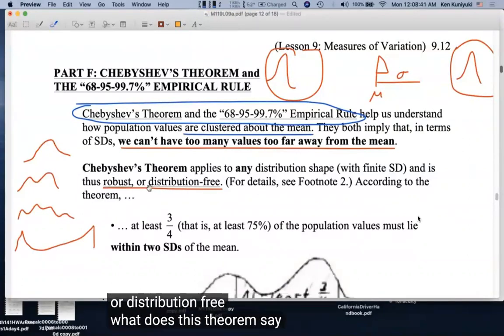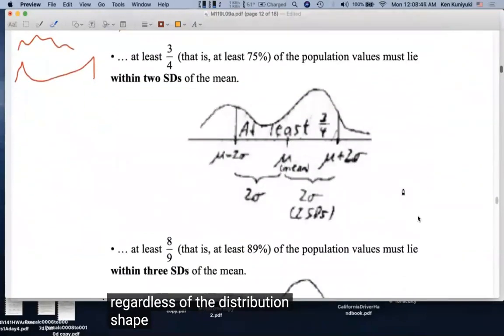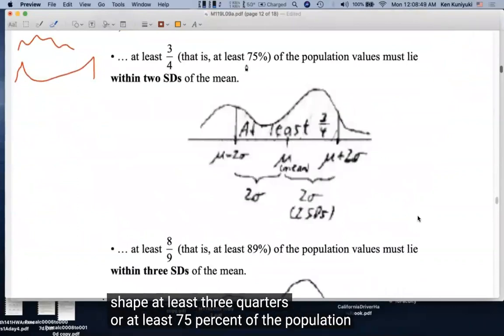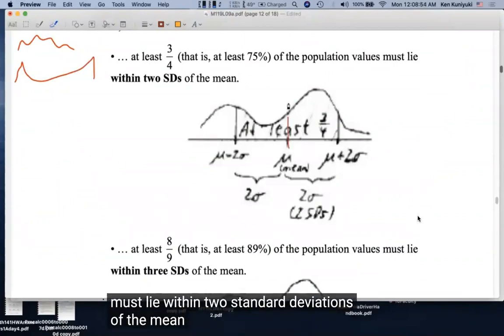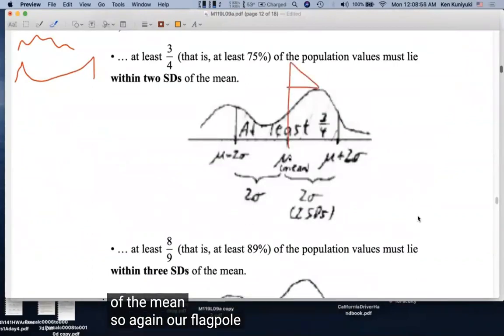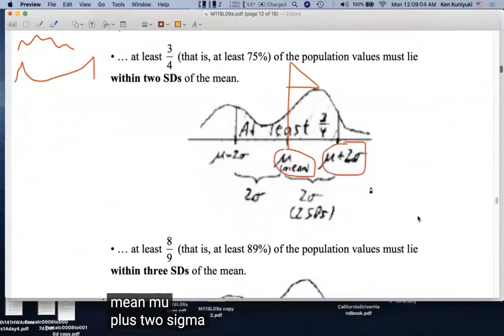Now, what does this theorem say? Well, regardless of the distribution shape, at least 3/4 or at least 75% of the population values must lie within 2 standard deviations of the mean. So again, our flagpole is at the mean, mu. Here's 2 standard deviations above the mean, mu plus 2 sigma.